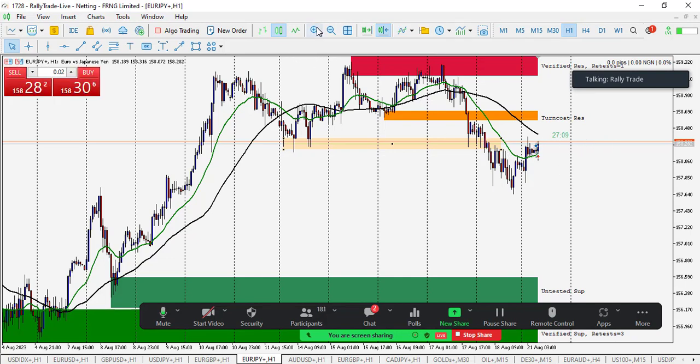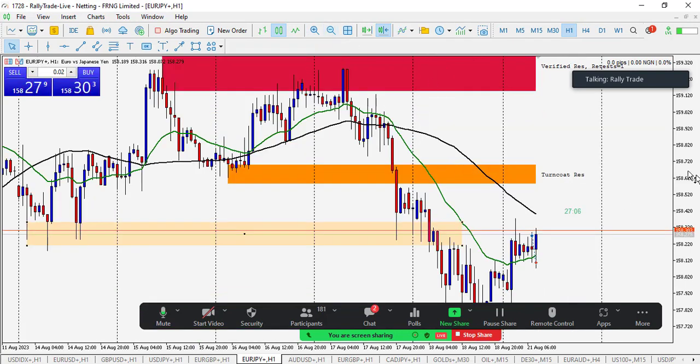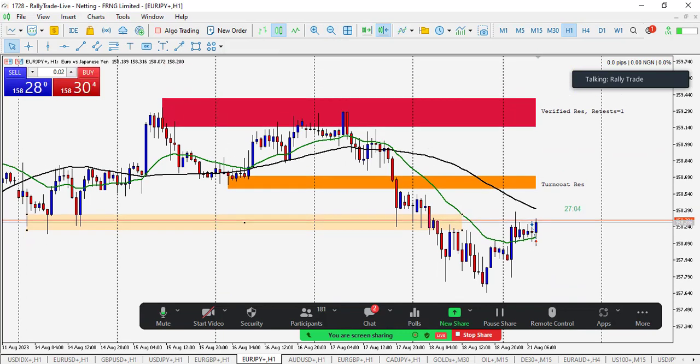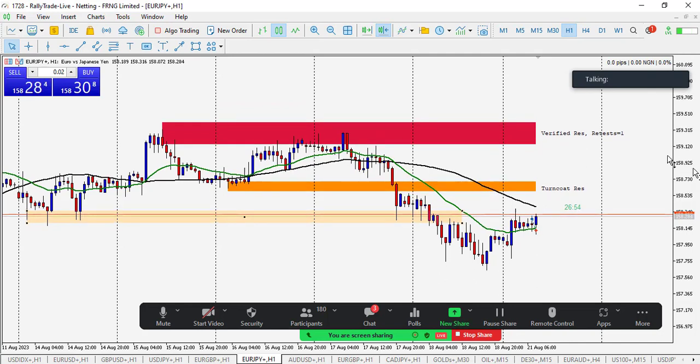But guess what? For scalpers, for intraday traders, we can see that the market is gradually trying to trade towards the upside, so it's putting up volume towards the upside. On the H1 time frame, we saw this big bullish engulfing candle here.